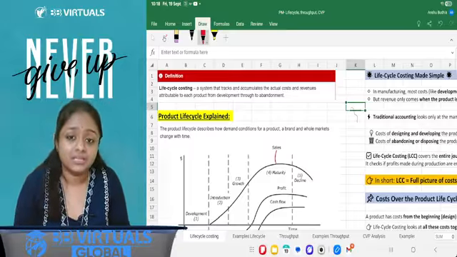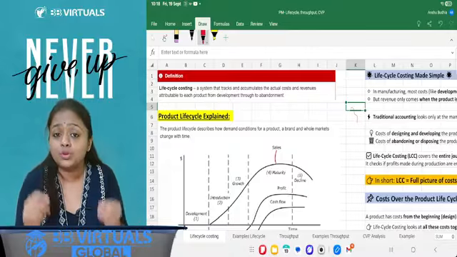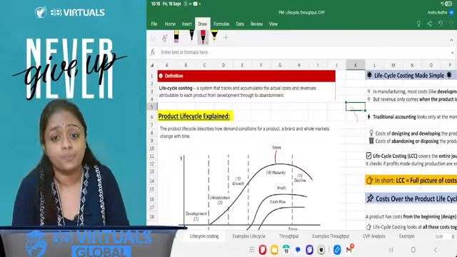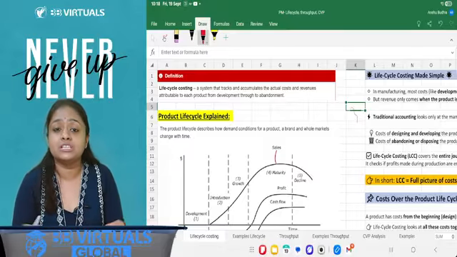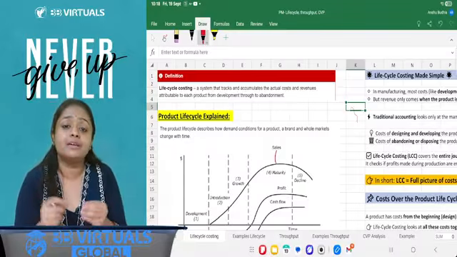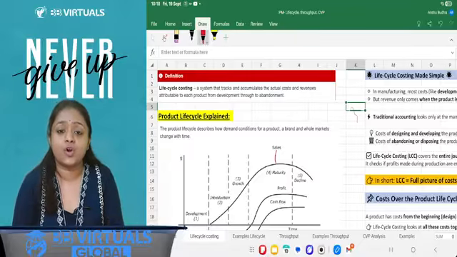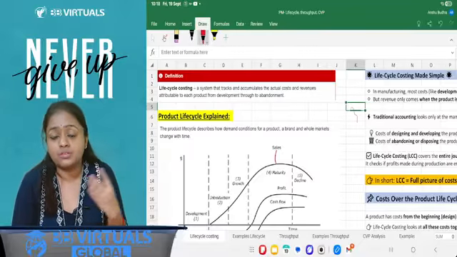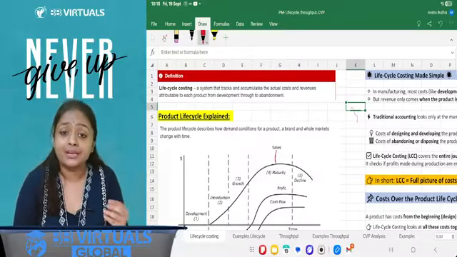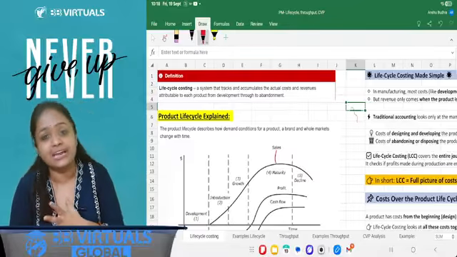So what does the company do, or what do we do when we estimate the cost of a product, or when we create estimations for a selling price, when we create estimations for a profit margin? We calculate the cost that will be incurred on the product right from the start till the end.